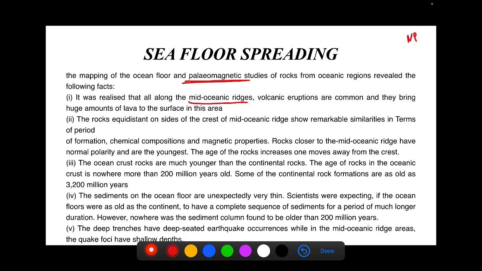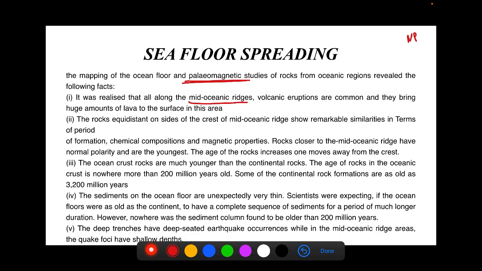Because the ocean floor is thinner, lava continuously comes out and various types of volcanic eruptions are present. When this lava gets accumulated, various types of mid-oceanic ridges are found. So the first point is that volcanic eruptions are common in the mid-oceanic region.